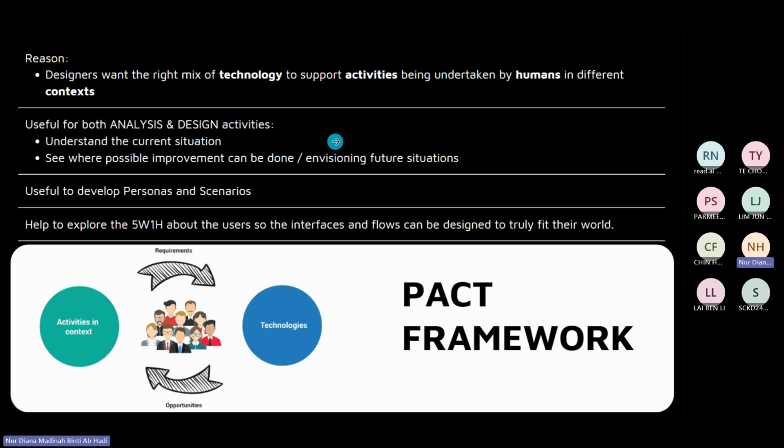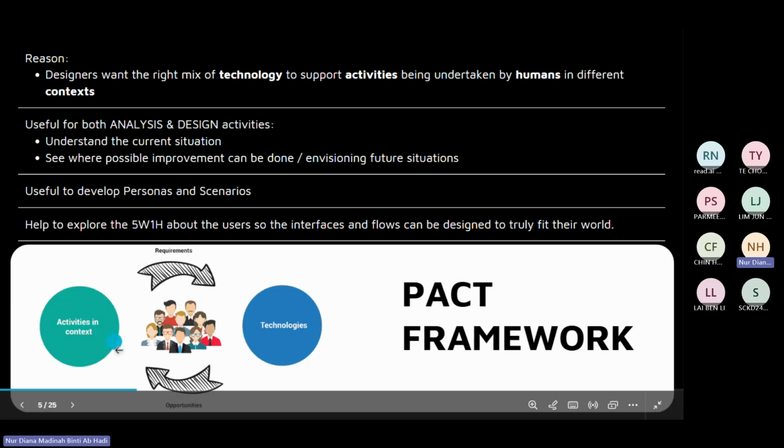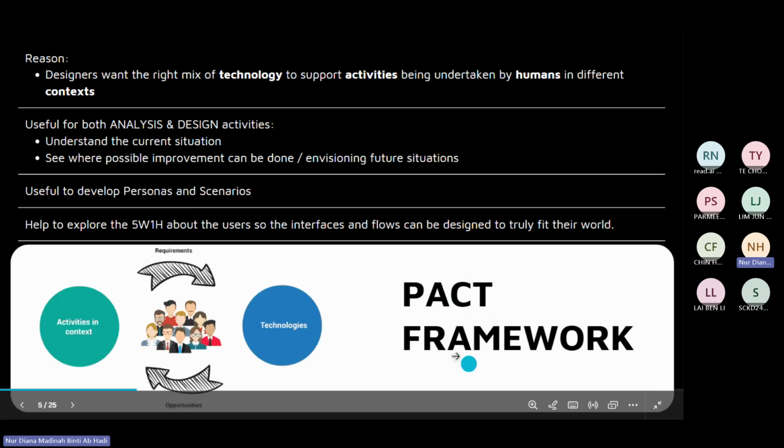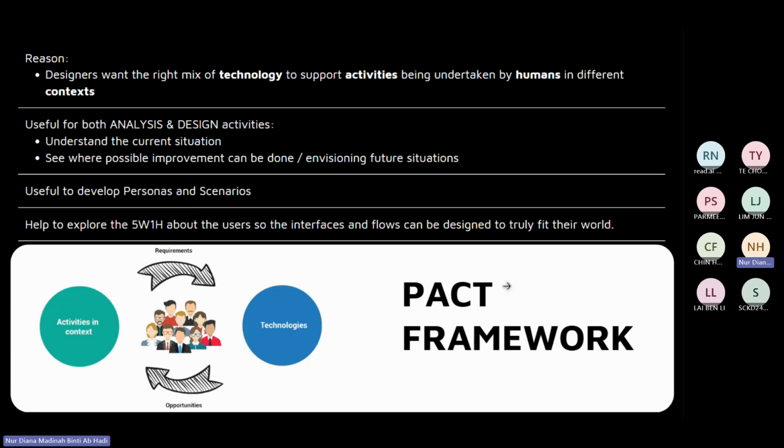PAC stands for P for People, in the middle we have A for Activities. People perform activities in different contexts by using different technologies. So here is the full name of PAC.